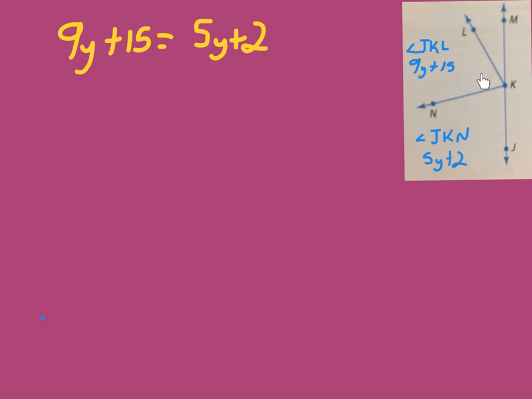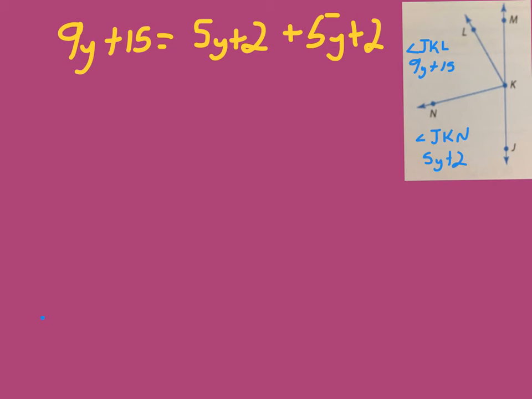And maybe you got to that point and you didn't know what to do. Well, think back to the problem. Do you remember when it said that KN bisects JKL? And if it bisects, what that means for these two angles? That means that they have to be the same, right? So what you should have done is add another 5y plus 2. And you're asking me, hey, where'd you get that from?